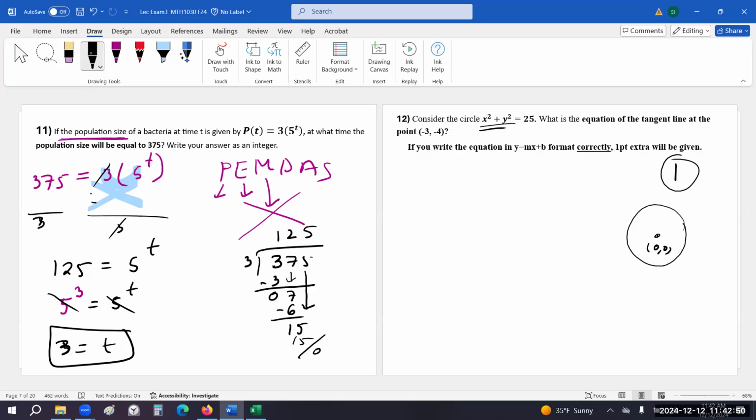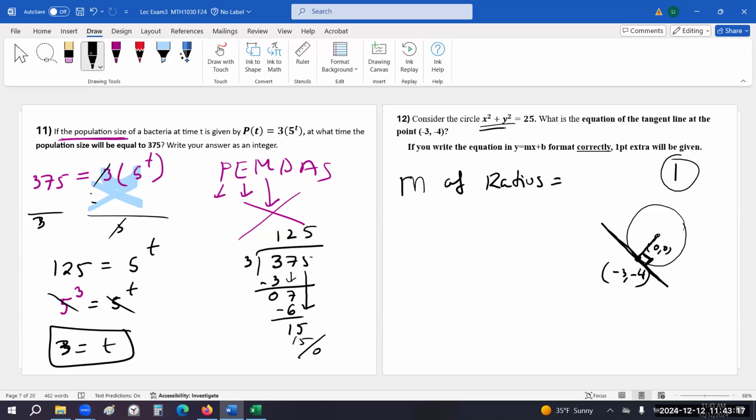And we have a point -3, -4 somewhere here. A tangent line is the line that touches the circumference and it's perpendicular to the radius. Okay, so this is the hint that the tangent line is perpendicular to the radius. That means we can find the slope of the radius.